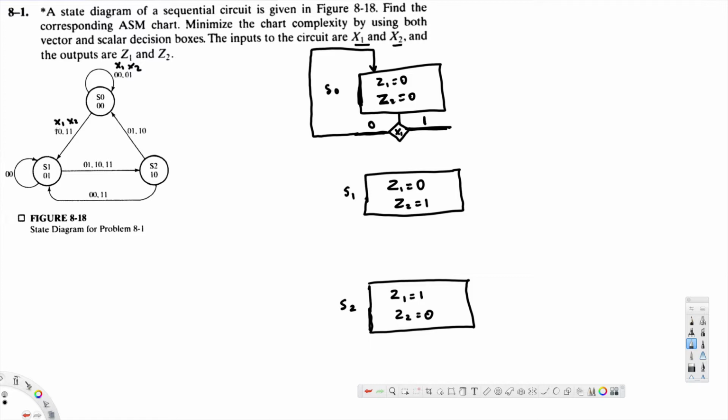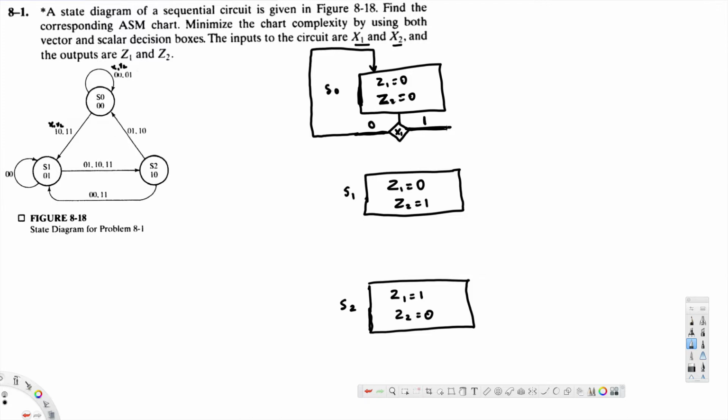And if x1 is 1, it doesn't matter what x2 is, it will go to S1 anyway.